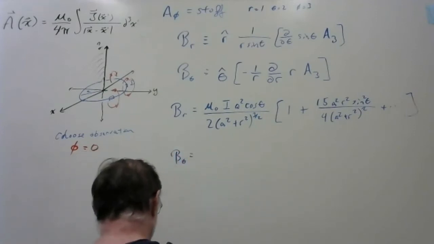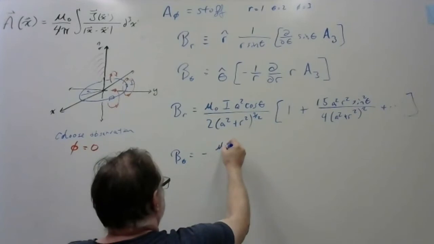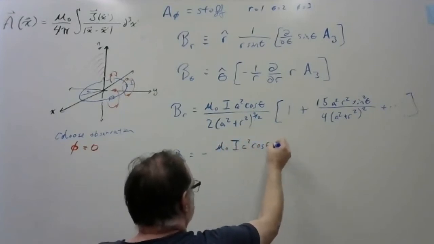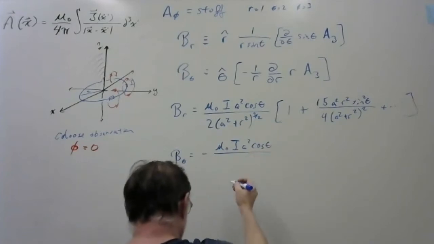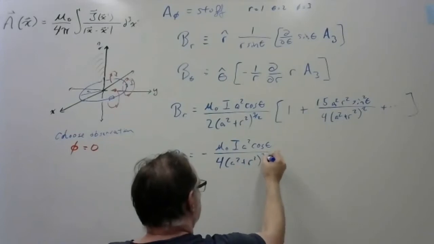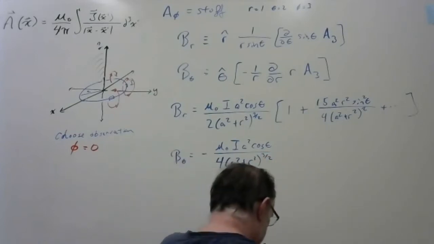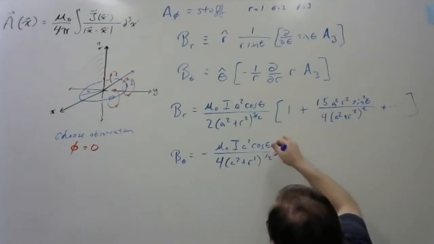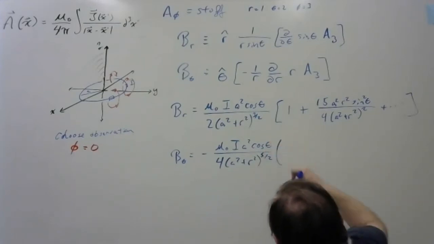B theta is funner, so we get minus mu naught I a squared cos theta over 4 (a squared plus r squared) to the power. Now this one's even funner because, oh sorry, this is 5/2 power because the integral is even weirder.